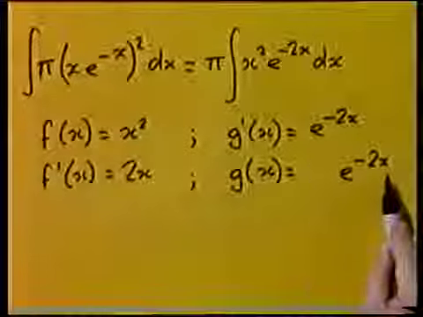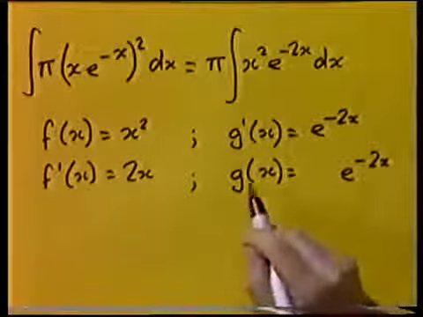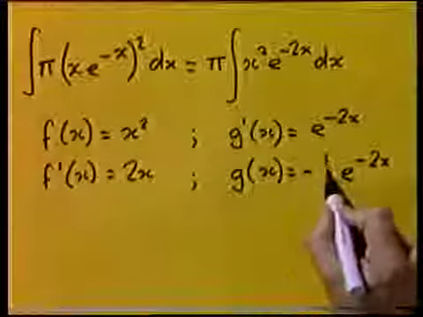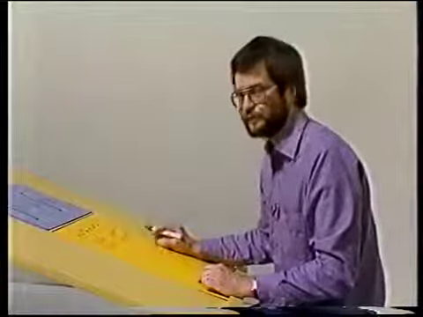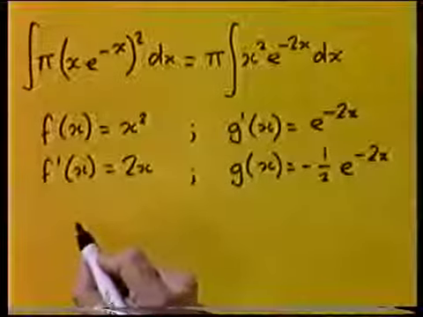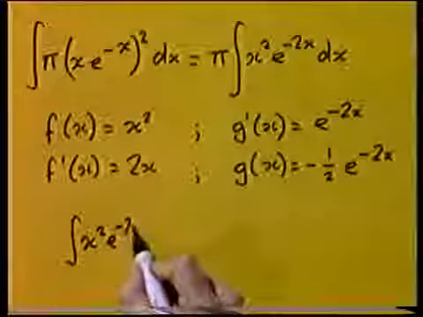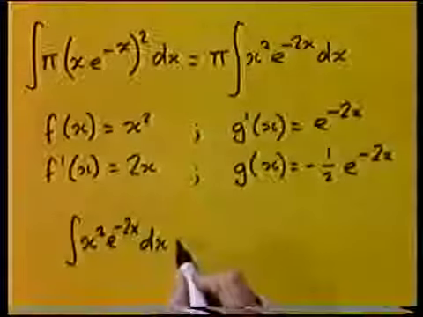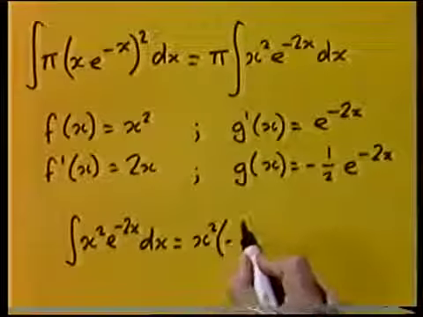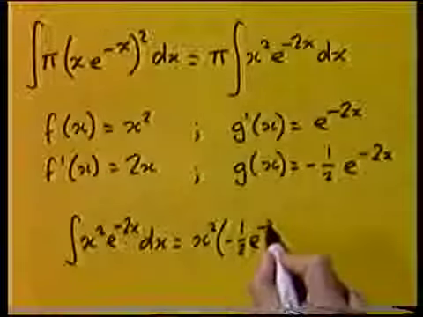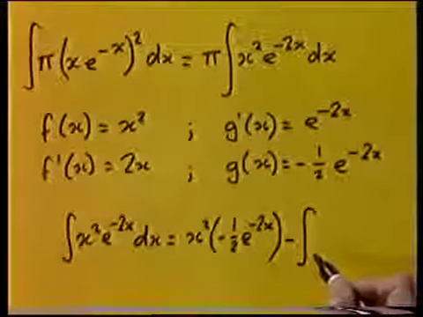Differentiating that gives us the e to the minus 2x we want times minus 2. So g of x must be minus a half times this. So now we can apply the method. The integral of f g prime is f times g minus the integral f prime times g.